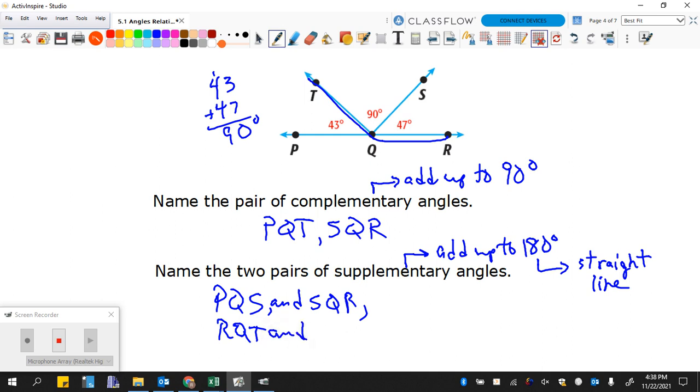Well, what's left is the TQP. Okay, and there again, we started off here and we ended up over here. That's a straight line. You could have said RQS and SQP, but we already got that on the very first one.